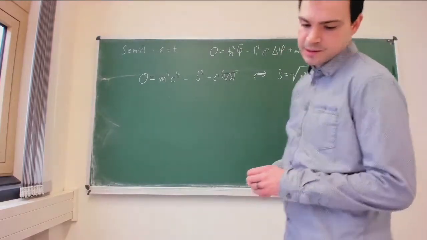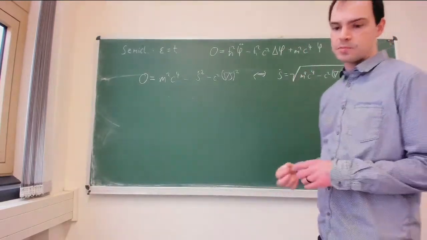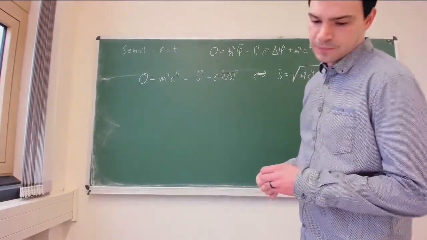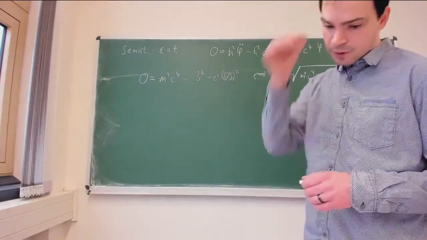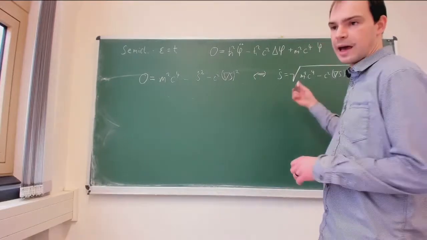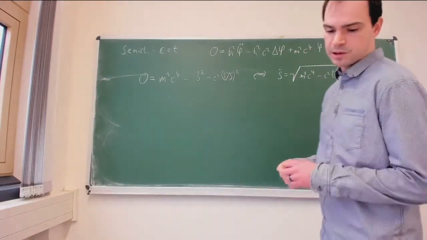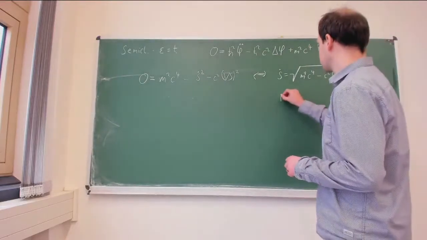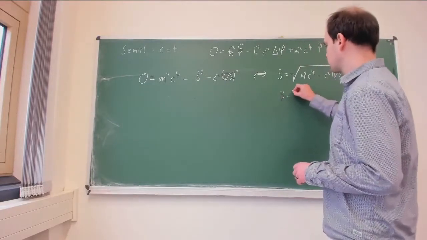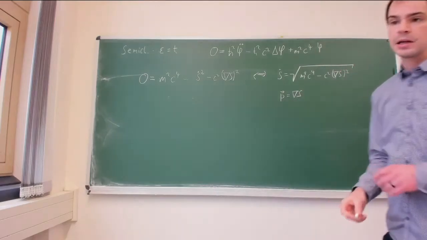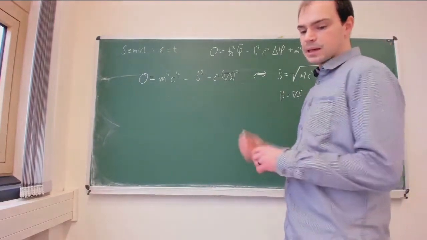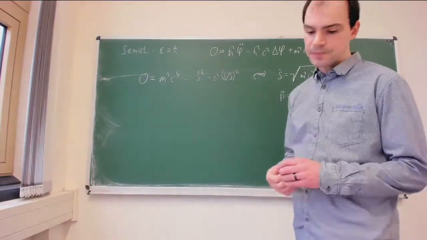And this is just the Hamilton-Jacobi equation for a relativistic point particle. So S describes the action for a relativistic point particle, with the canonical momentum being the gradient of S in Hamilton-Jacobi theory.